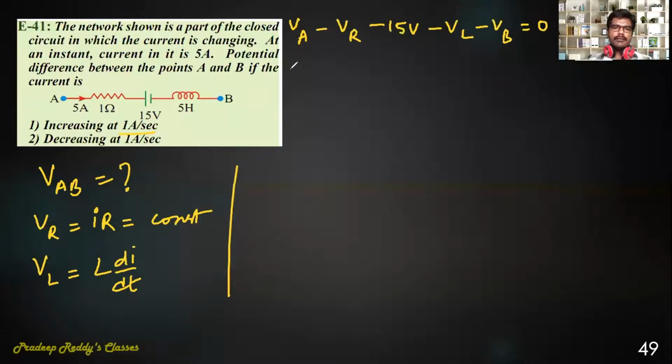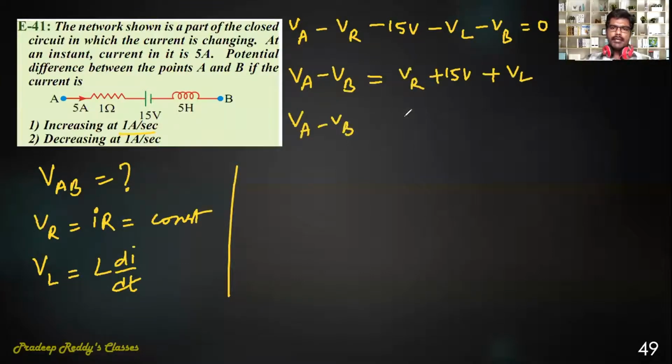From here, remaining all terms you can bring to the other side. VA minus VB is equal to VR plus 15 volt plus VL. So VA minus VB is equal to I into R plus 15 plus VL, where VL is L into di divided by dt.